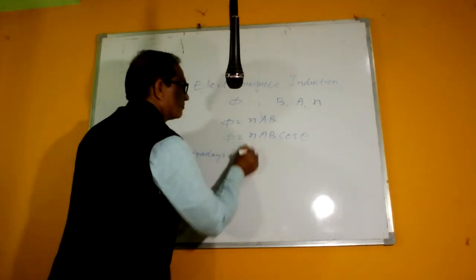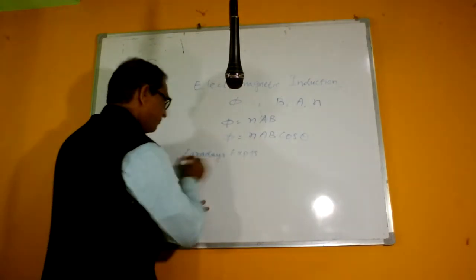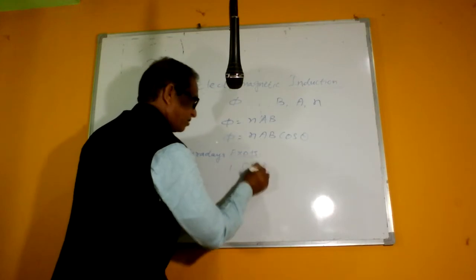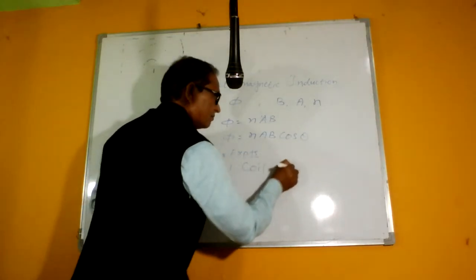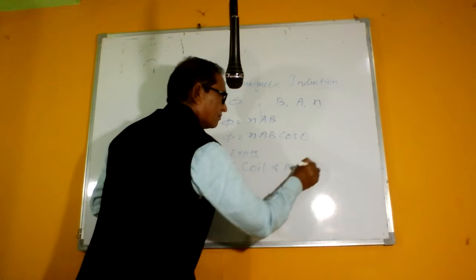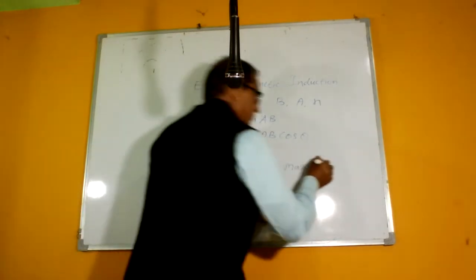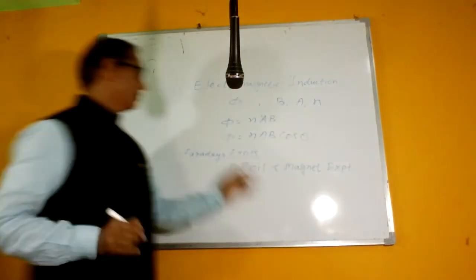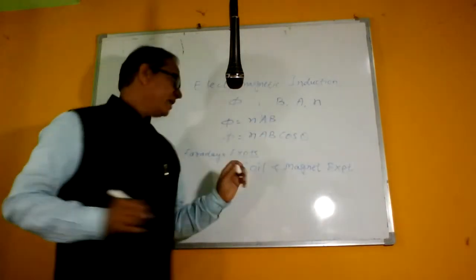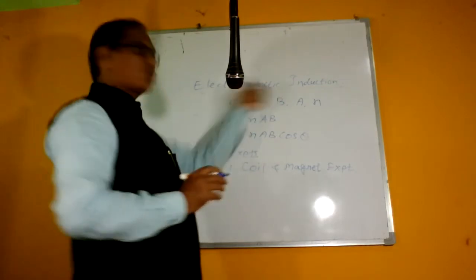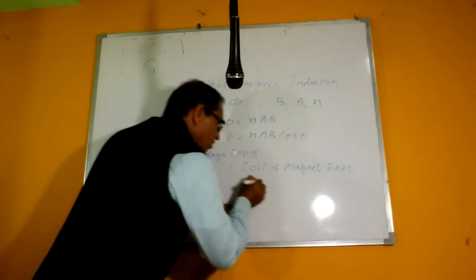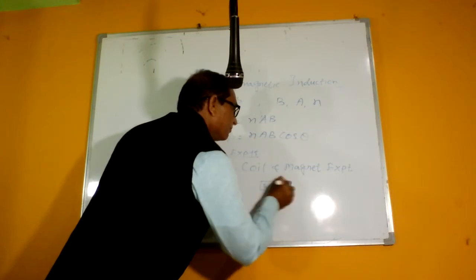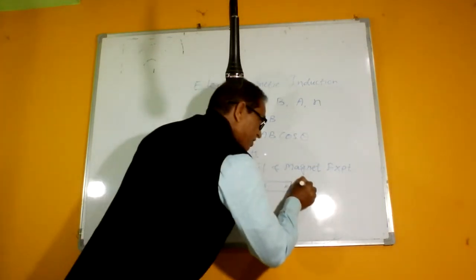Now we shall see Faraday's experiments. The first experiment is the coil and magnet experiment, which explains electromagnetic induction.